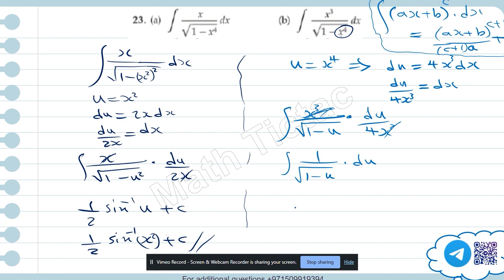Okay, so in here we can say that this function is linear inside, so let's raise it upward. It will be the integration of (1 minus u) to the power minus 1 over 2 du.